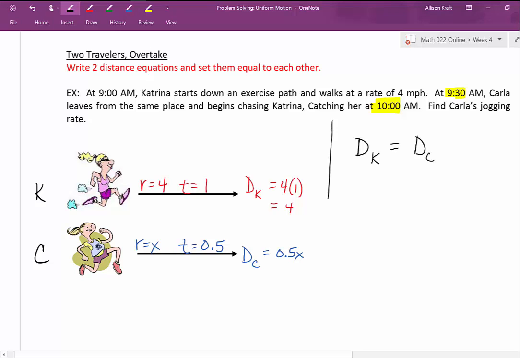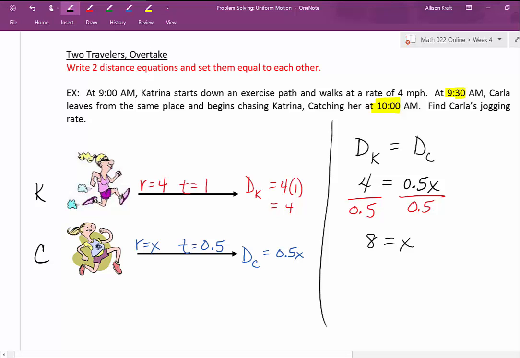We want to set these two expressions equal to each other and solve. We get the equation 4 equals 0.5x. Solving for x, I'm going to divide by 0.5, which gives me 8 is equal to x.